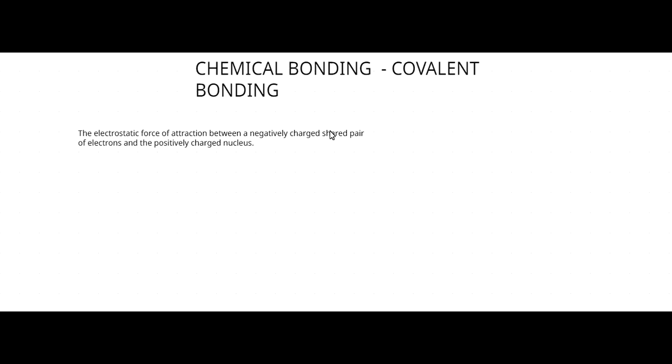Now, if the p orbitals overlap linearly, or side by side, that is known as a pi bond.